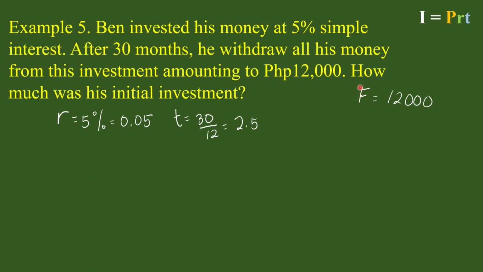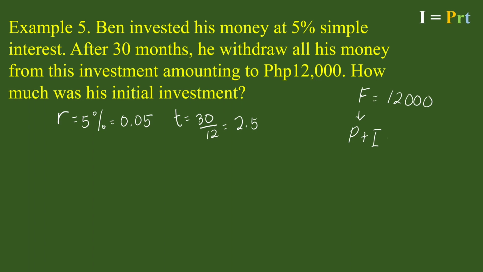at the end of the term or at the end of a particular period is composed of the principal and the interest. Ayan. So, ibig sabihin, parehong unknown yung principal and interest. But we have here 12,000 pesos.